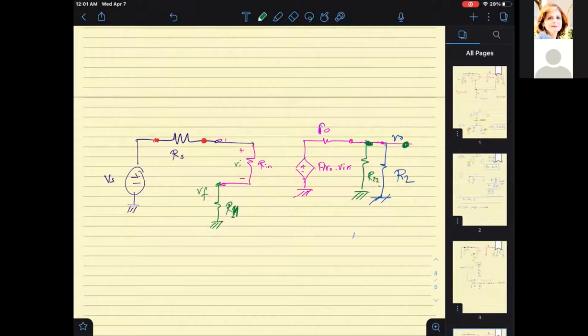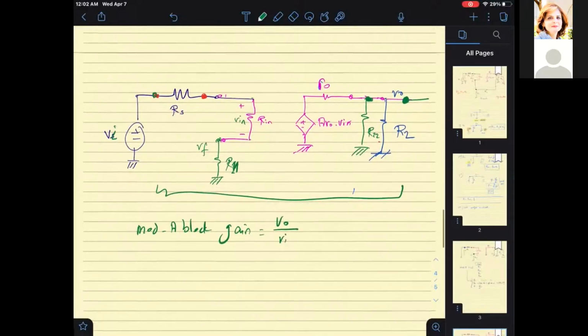Now the modified A block includes RL and includes Vs. We'll call this Vi. This is our Vn and this is Vo. So the modified A block is from here to here, and therefore the modified A block gain is really equal to Vo over Vi.